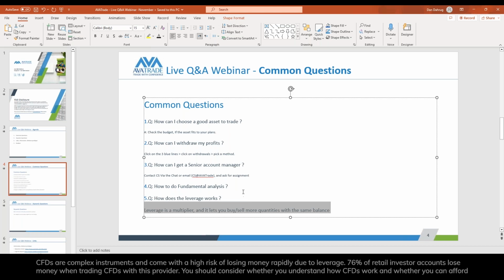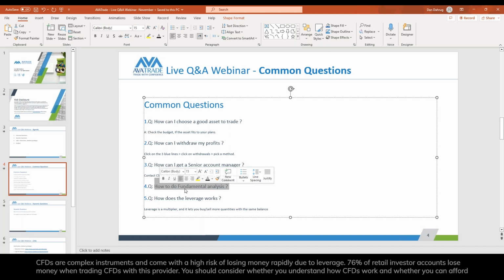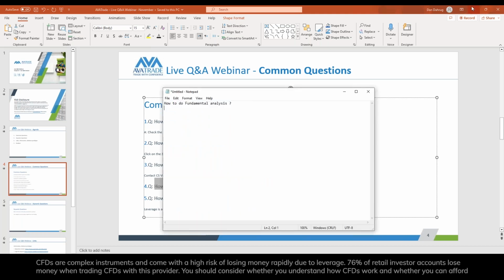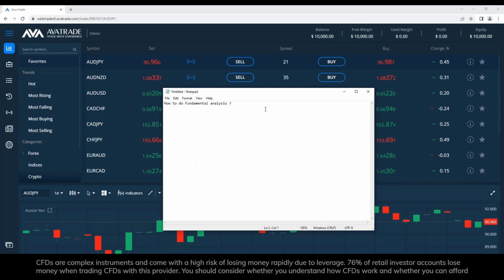That's basically the definition, but the explanation I already showed on the chart. I don't like the way that they have put the question, but you know what, let's keep it this way. It's more like how does fundamental analysis work, but I guess this is the question, so we're just going to answer as it is. How can I do fundamental analysis? And that makes more sense.